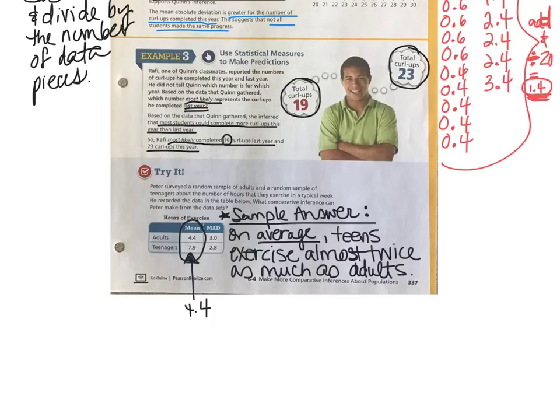If I double that, that would be 8 8/10 hours. Teens, on the other hand, already exercise 7 9/10 hours each week on average. So there are the adults and there are the teens. So it appears that teens get almost twice as much exercise each week as adults. Not quite, but almost.